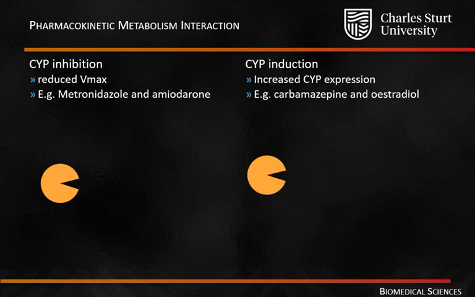So let's have a look at pharmacokinetic interactions now, and we'll start with metabolism interactions. So one example here is the cytochrome inhibitors, and when these inhibitors are present, they will reduce the Vmax of these enzymes, so the maximum velocity that those enzymes can remove the substrate. In this case, metronidazole is the inhibitor and amiodarone is the substrate.